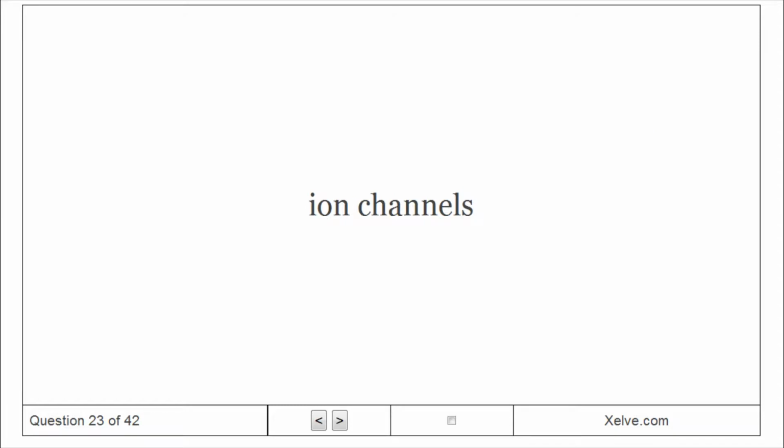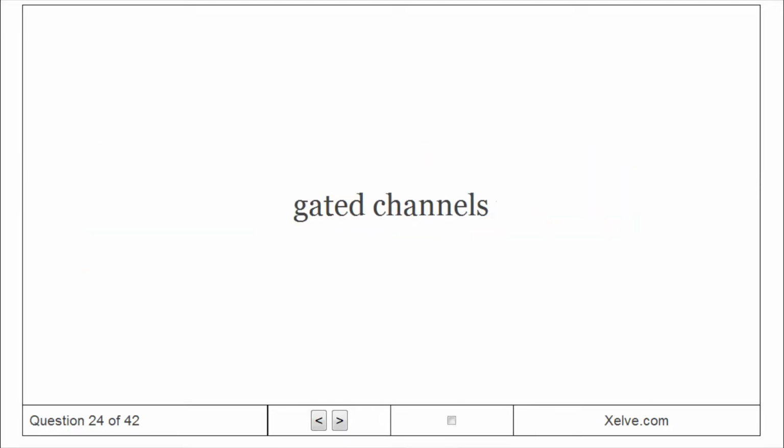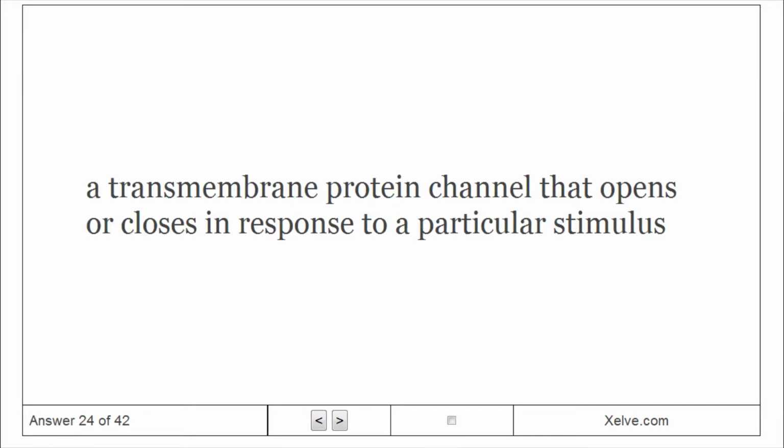Ion channels, a transmembrane protein channel that allows a specific ion to diffuse across the membrane down its concentration or electrochemical gradient. Gated channels, a transmembrane protein channel that opens or closes in response to a particular stimulus.